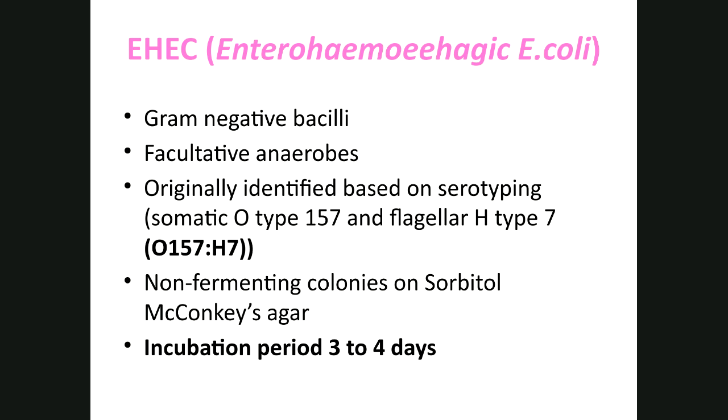Now, as a result of serotyping, this organism, enterohemorrhagic E. coli, has been named as O157H7. This means that 157 is the number of the O antigen on the capsule, and 7 is the number of the flagellar antigen, that is the H antigen.